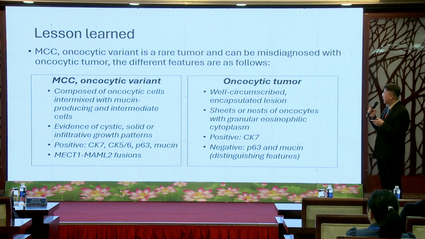But the oncocytic tumor is not positive; they are negative for these markers, P63, and mucin is also negative. So these are the distinguishing features between these two neoplasms.